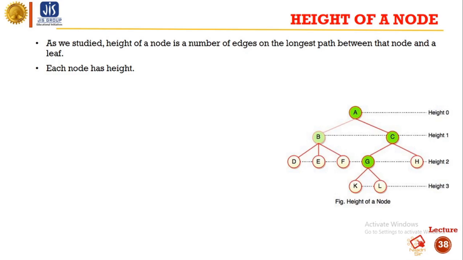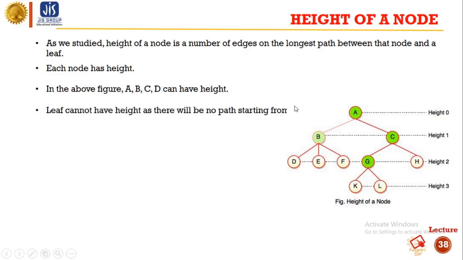Each node has a height. So in our figure, A, B, C, D can have height. What is the height of A? The height of A is 1, 2, 3. So the height of A is 3.